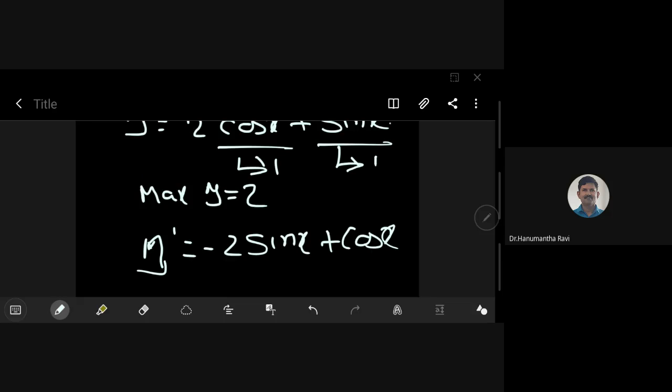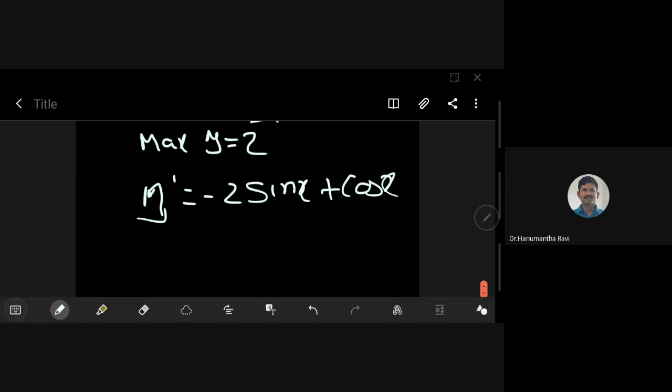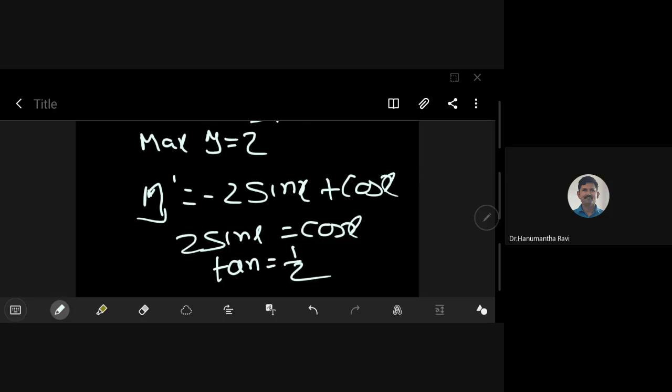So y dash is 0 means 2 sin x is cos x, so tan x is 1 by 2. Tan x is 1 by 2 means you have only one solution.